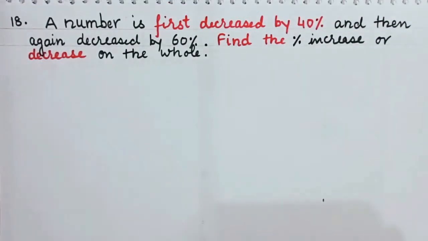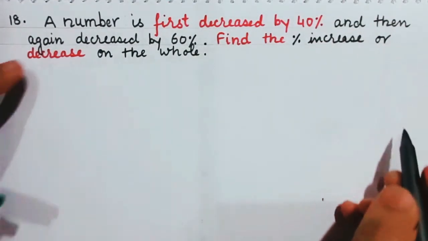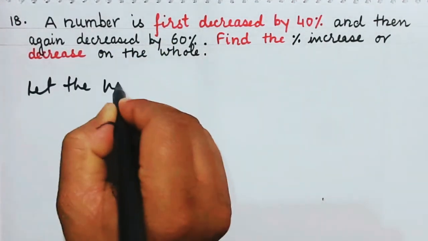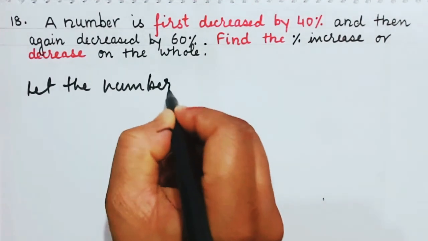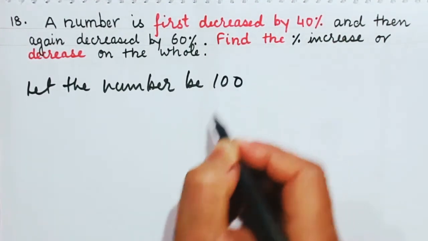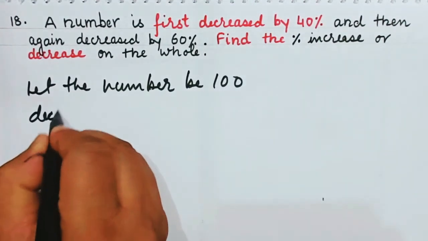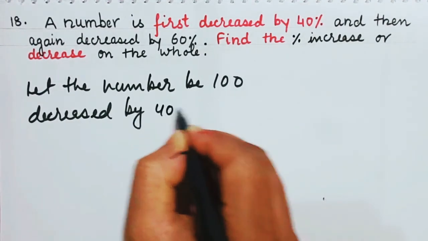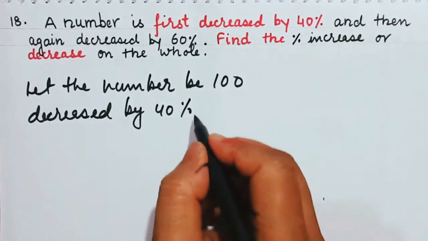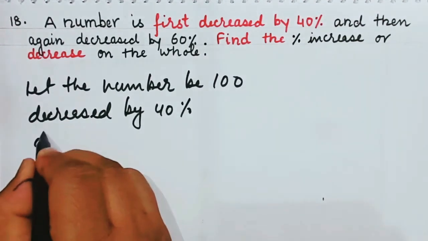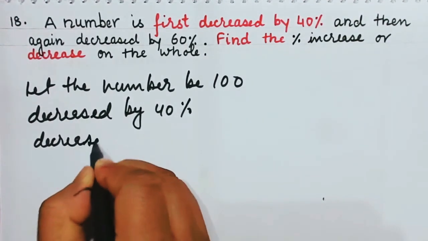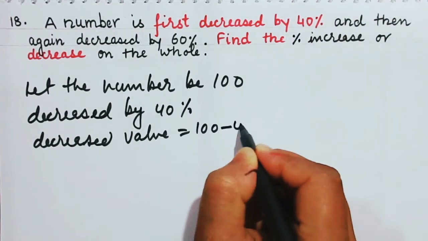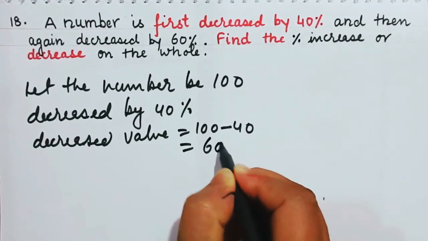A number is first decreased by 40% and then again decreased by 60%. So let the number be 100, decreased by 40%. This means the decreased value will be 100 minus 40, which is equal to 60.